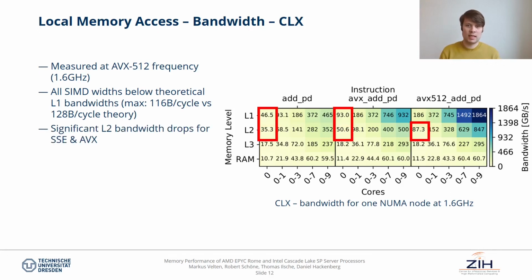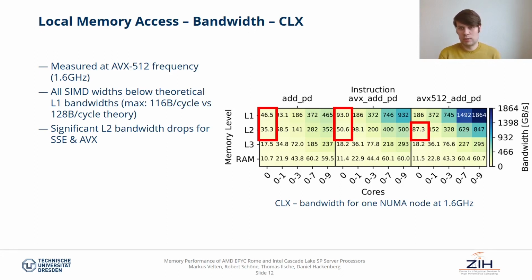We have seen a significant L2 cache bandwidth drop for SSE and AVX. So take a look at the 87.3 gigabytes a second that we measured for AVX 512 and compare that to what we see for instance with SSE.